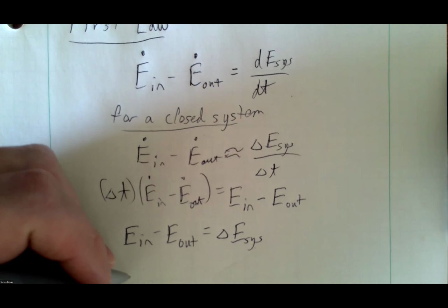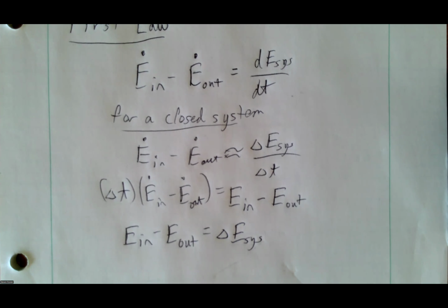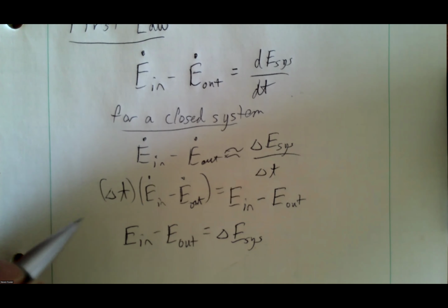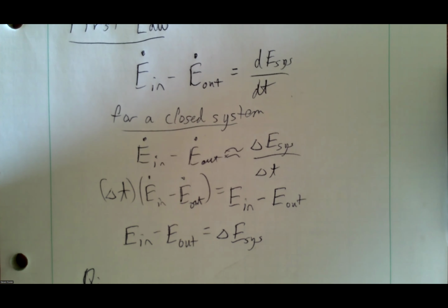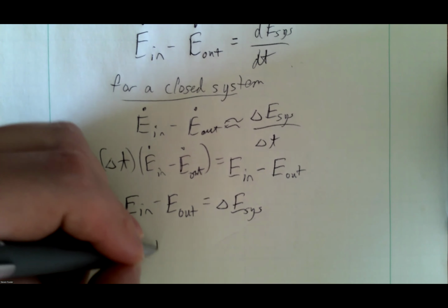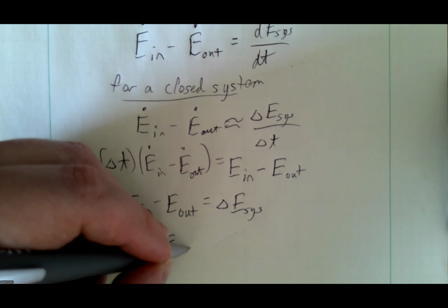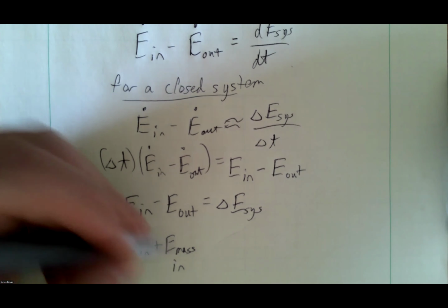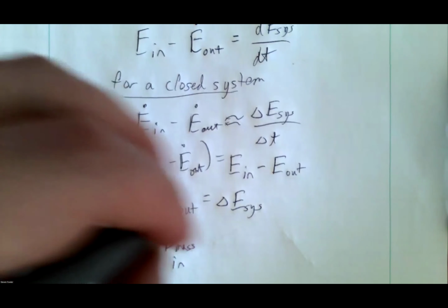If I go back, we talked about this in Chapter 2. There are all these terms here, and be careful trying to memorize a big, long equation. Think about it piece by piece. Think about what the types of energy are that could come into or go out of a system. There are three of those: heat, work, and, if I have mass crossing the boundary, that mass has its own energy.